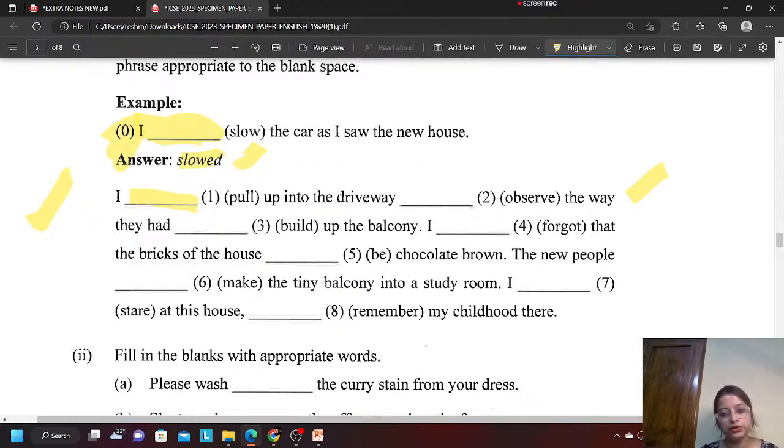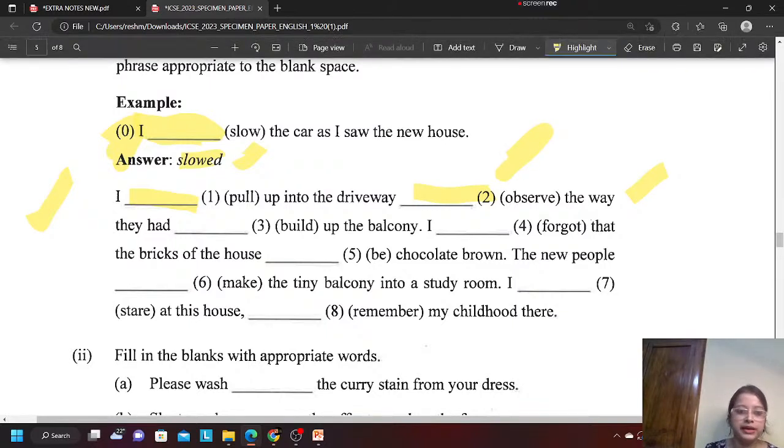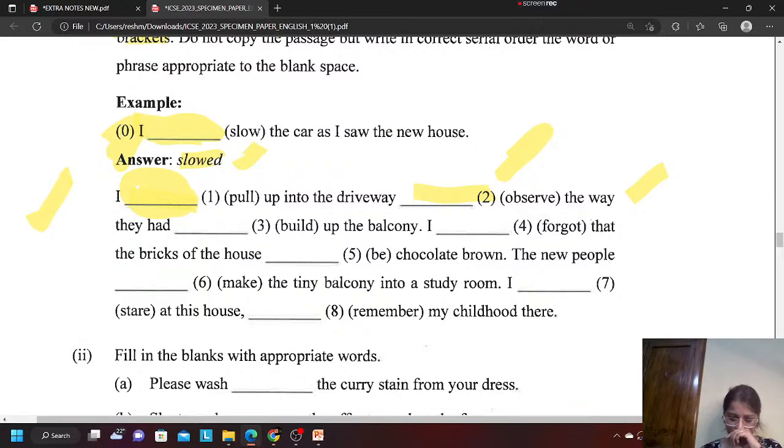First we have got, very good. Next one: dash the way they had dash up the balcony. Now see, this will be a non-finite verb because you have already used the main verb in the first blank. Pulled up, correct. Next one. Yusuf has written, Fatima has written.